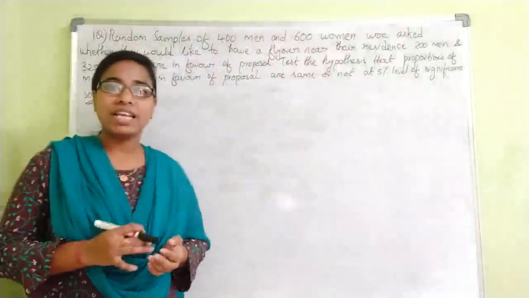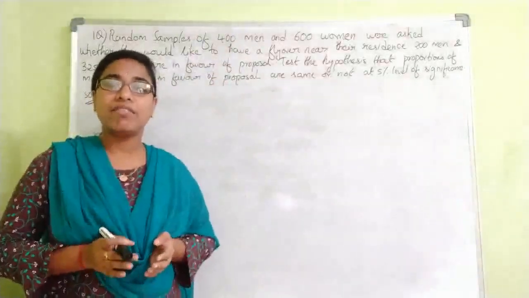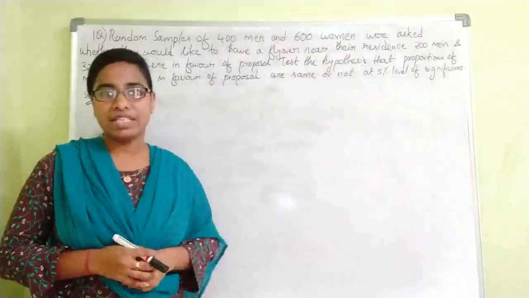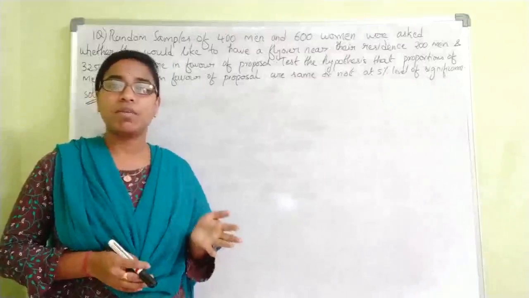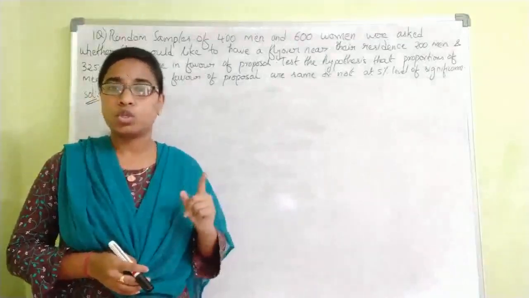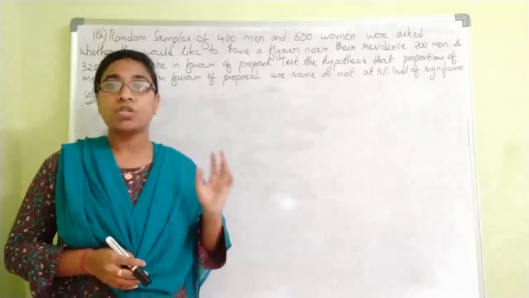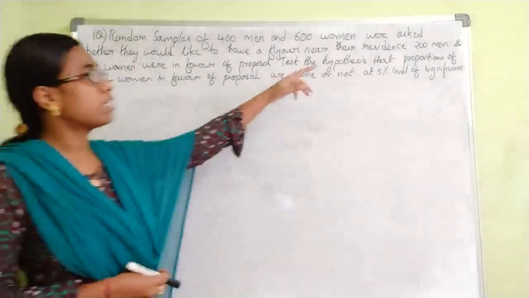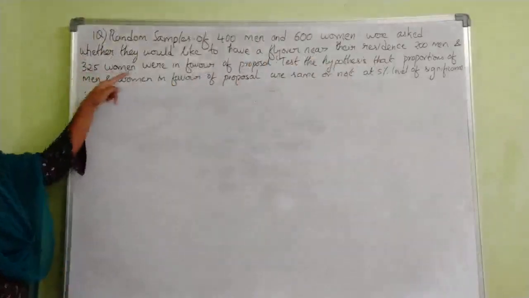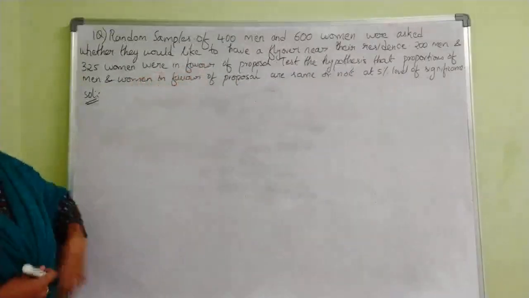Wherever they are staying, are they willing to have a flyover near their residence or not? The answer will be yes or no, so two possible outcomes, favor or not. Now, 200 men and 325 women were in favor of the proposal.